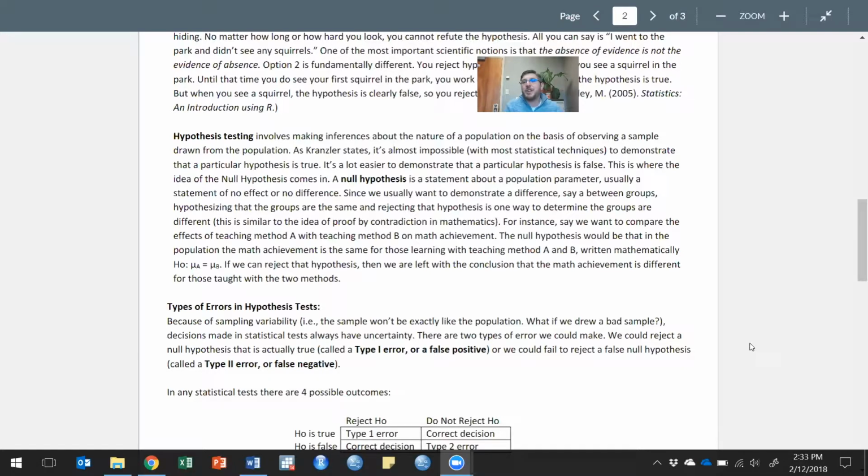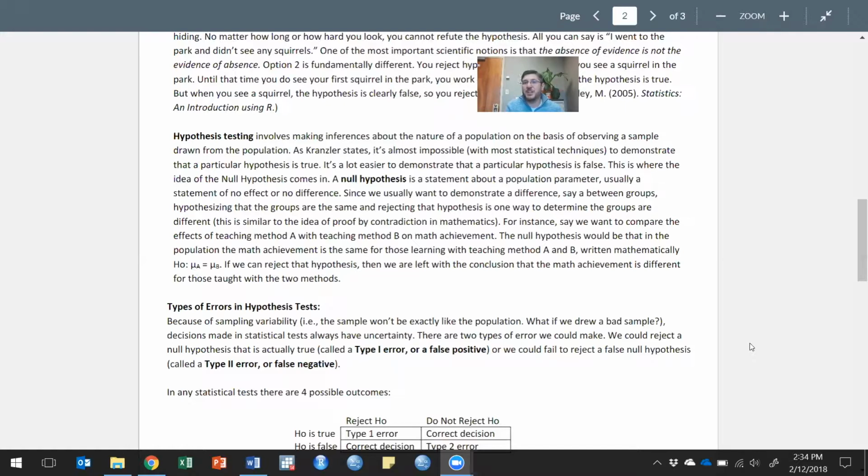So this is where the idea of a null hypothesis comes in. The null hypothesis is a statement about a population parameter, and it's usually a statement that there's no difference. Since we usually want to demonstrate that there is a difference, say between teaching method A and teaching method B, we hypothesize that the groups are really the same, and then if we can reject that hypothesis, we can say that the groups are in fact different.